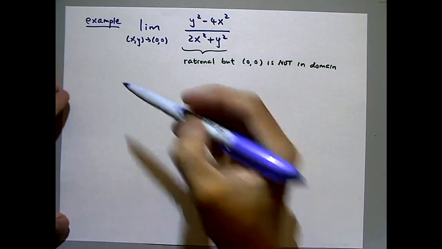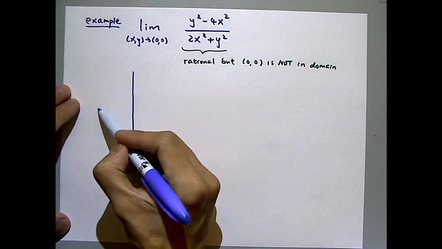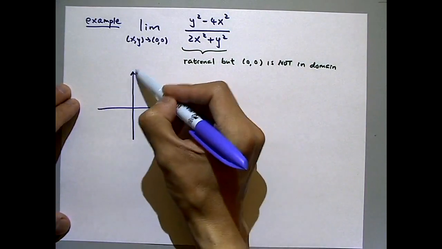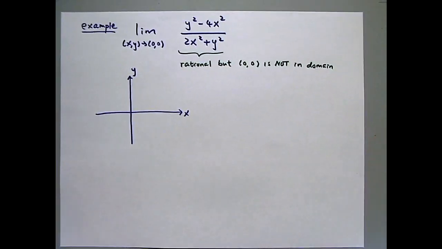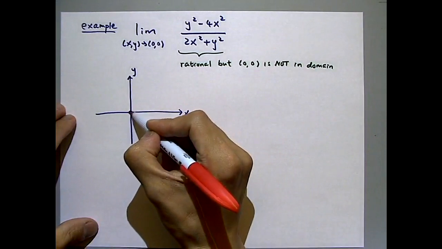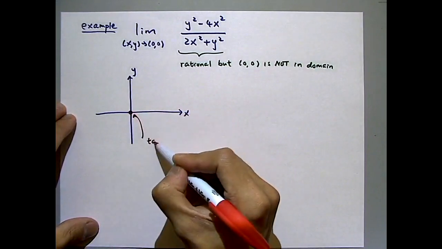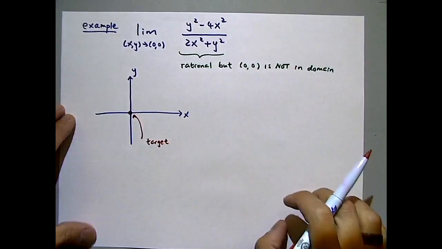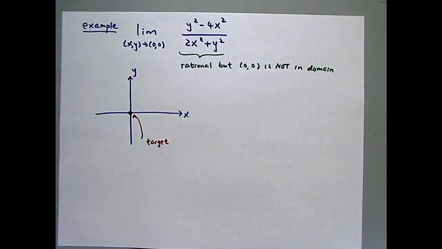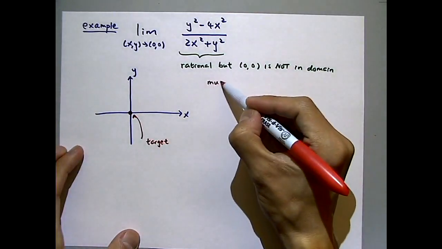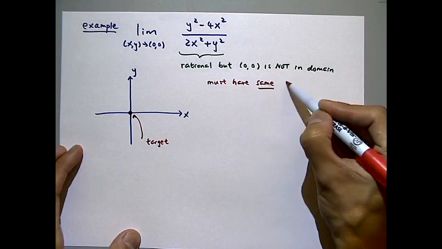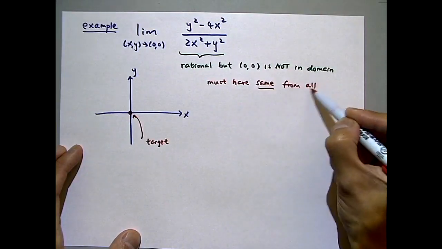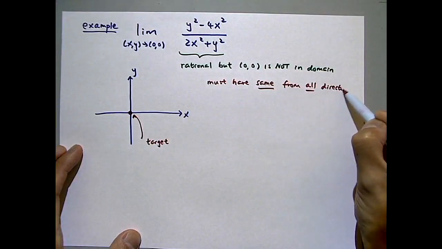So what we want to do here, think of this graphically. Here's the target. We have to get the same number no matter how we approach, from all directions.